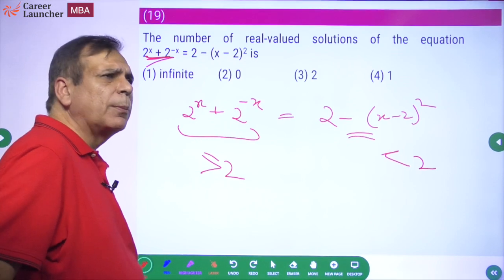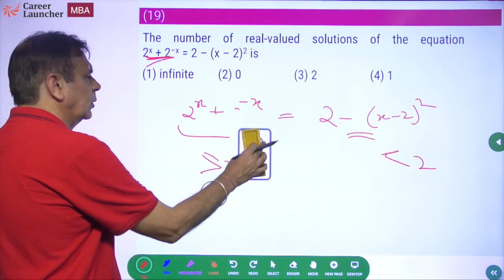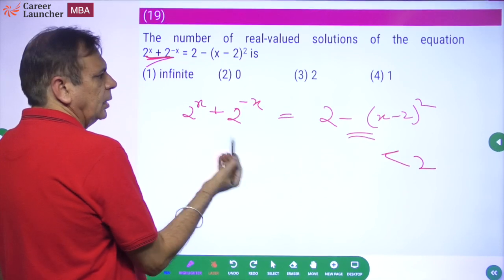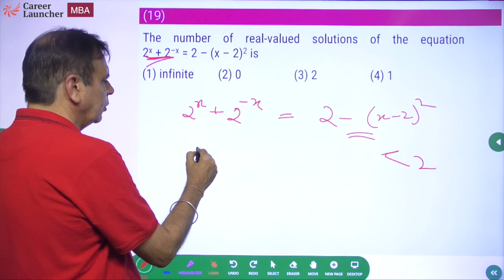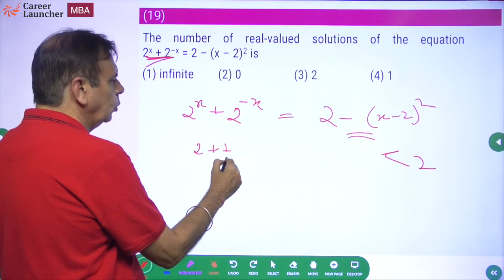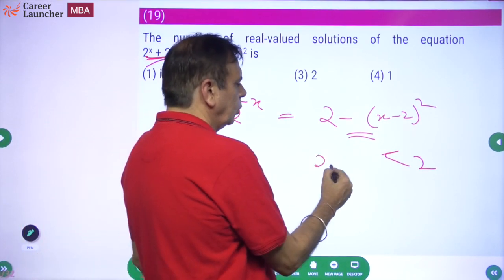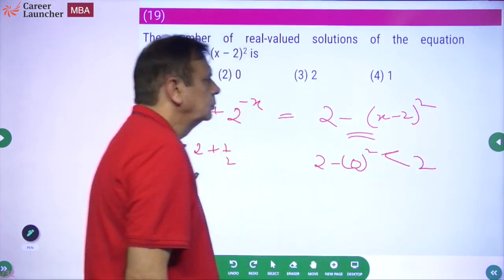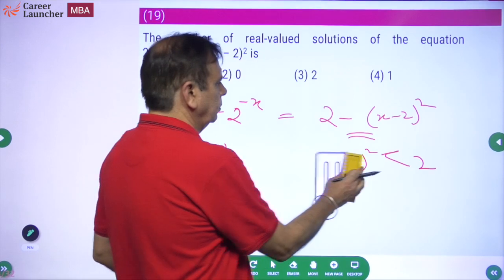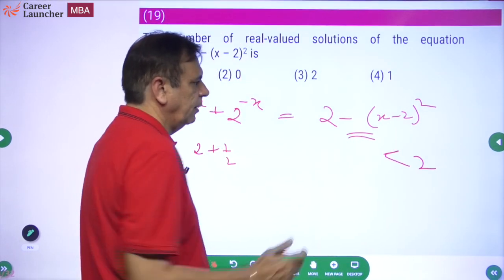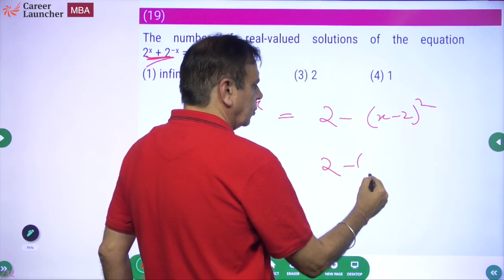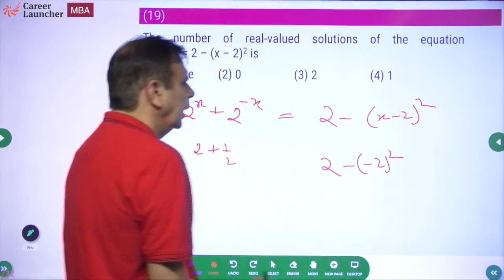If x is 0, what happens? What if x is 0? That means the left hand side will be 2, and the right hand side will be 2 minus something, again not equal.